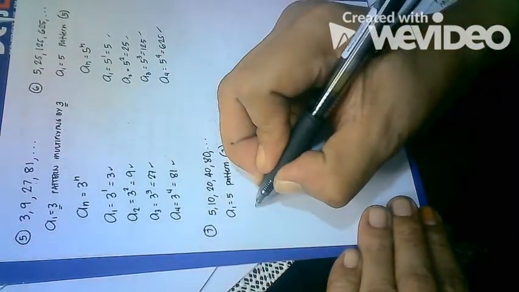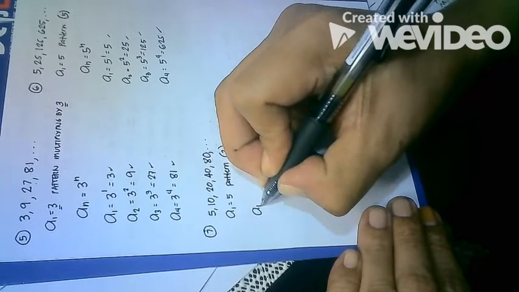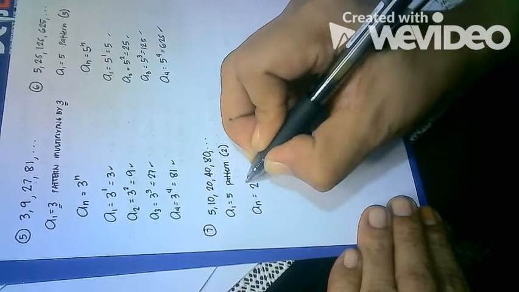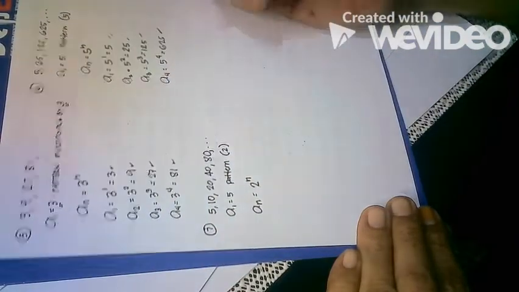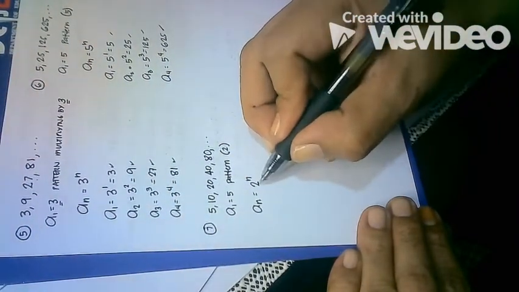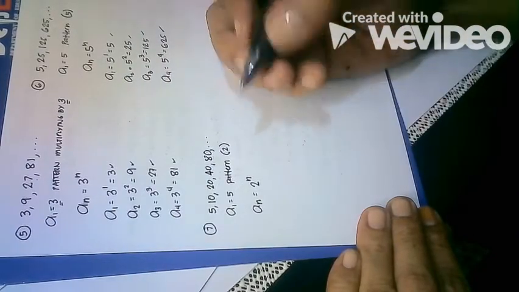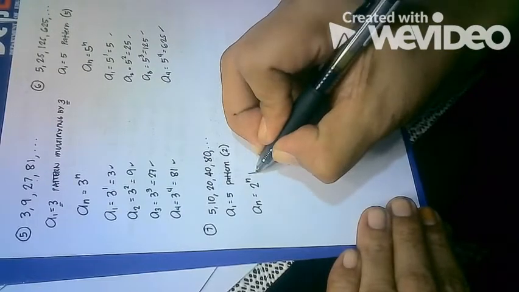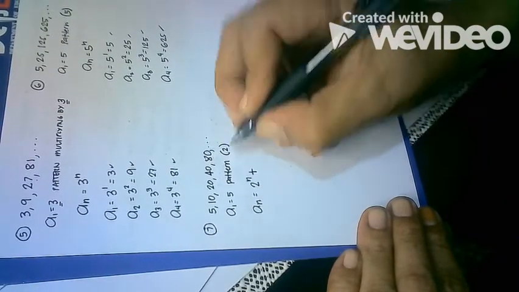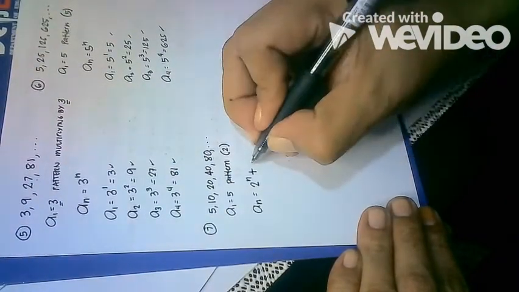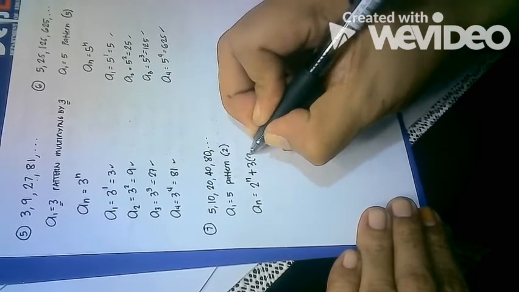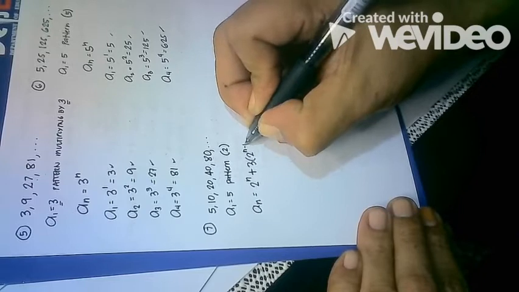So your formula now is a sub n equals 2 to the n, and if you are going to solve for a sub 1, which is 2 to the 1, it is only 2. And the first term is 5, so you have to add. You notice the difference of 5 and 2 is 3. 3 times 2 to the n minus 1.